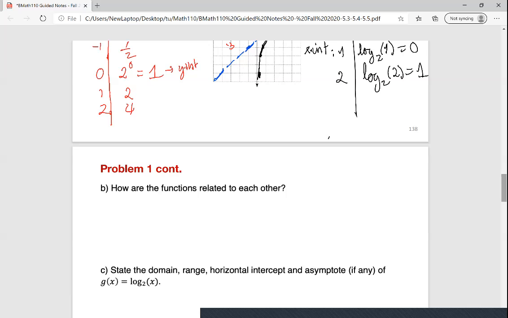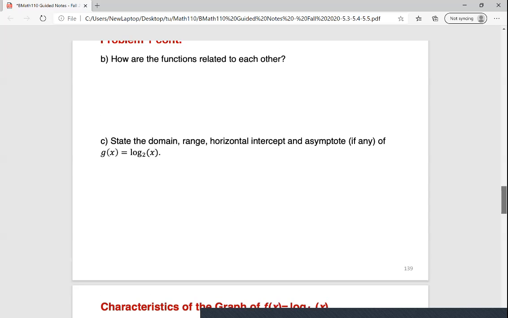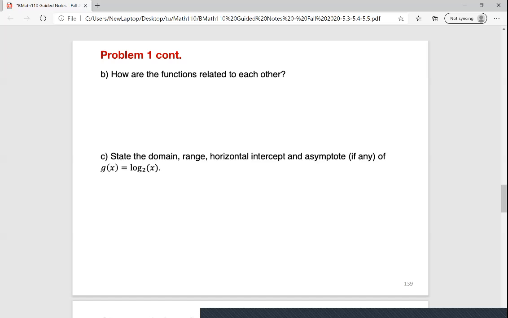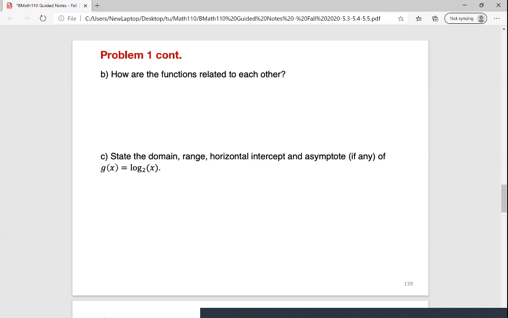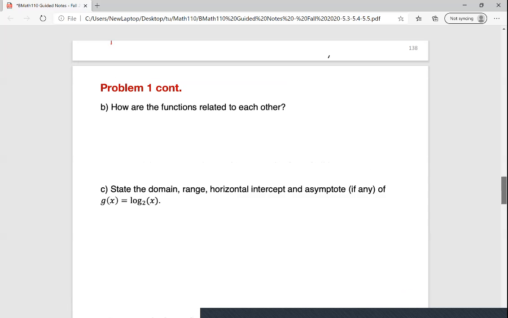Problem B, how are the functions related to each other? Okay, let me move up a little bit.